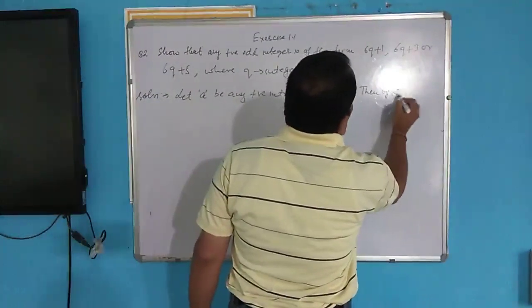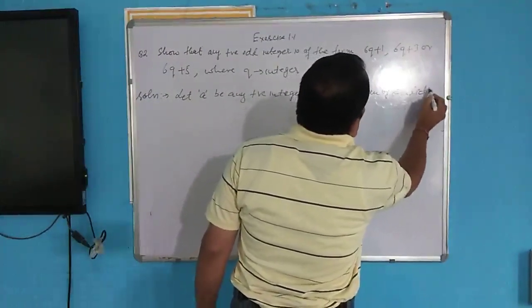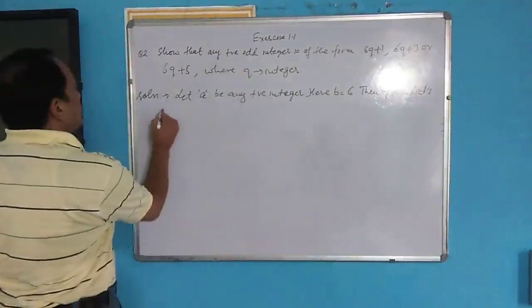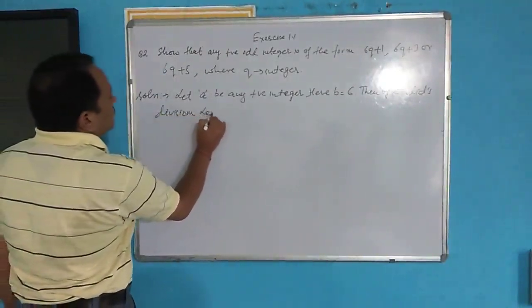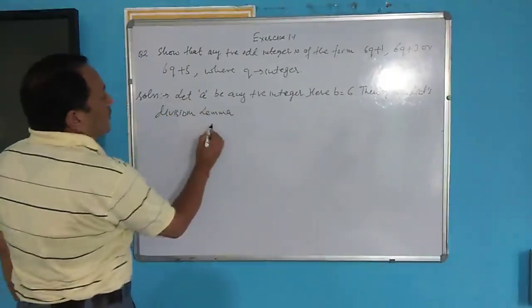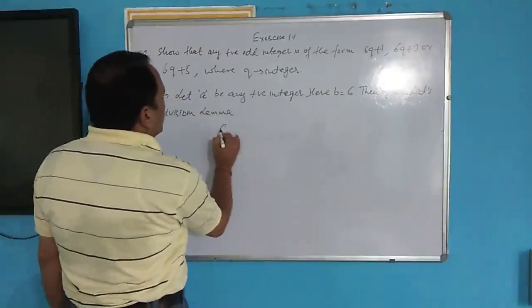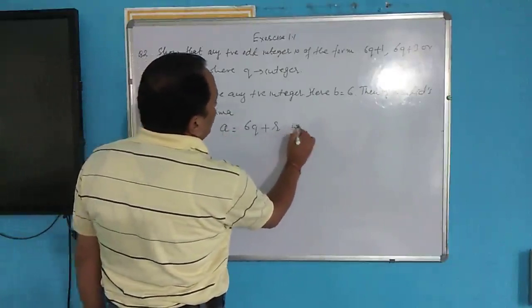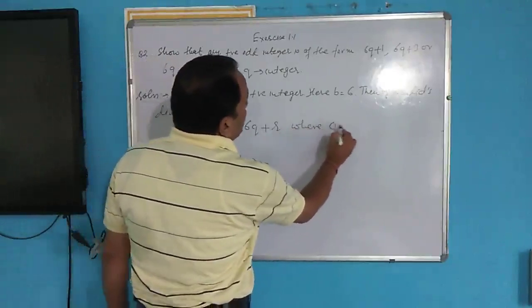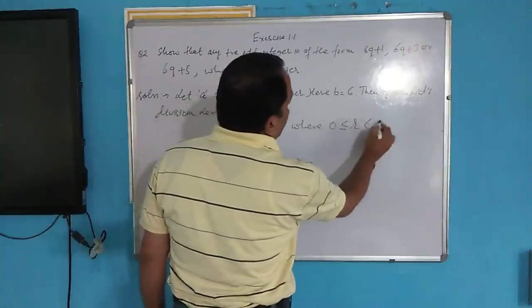Then by Euclid's division lemma, a is equal to 6q plus r, where 0 less than or equal to r less than 6.